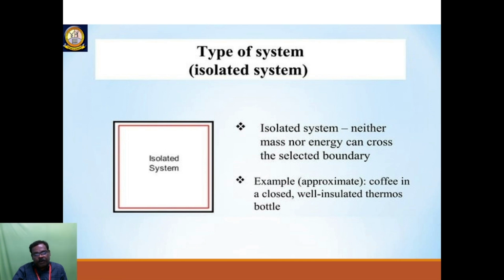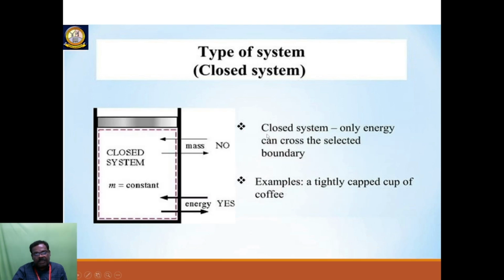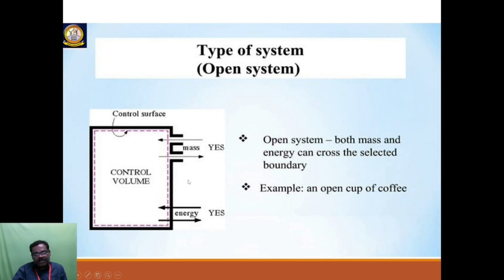Both properties never change. For a closed system, coffee is in a tightly capped cup, so mass is constant, but energy is not constant. For an open system, consider an open cup of coffee, where the level of coffee changes and the heat energy also changes. So these are the three different types of system.